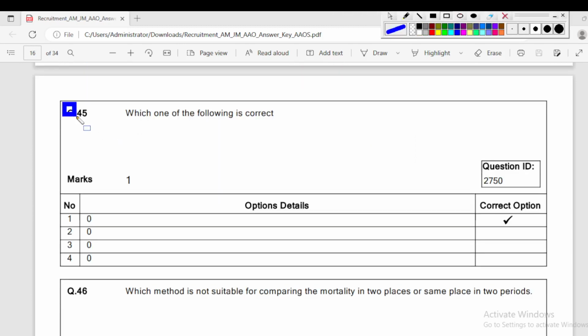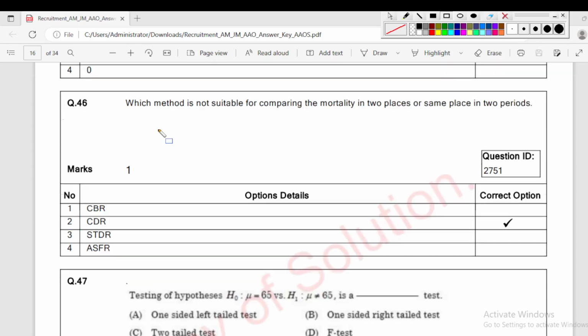Question number 45. Which one of the following is correct? Question number 46.